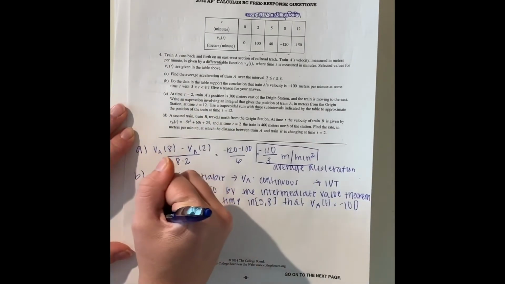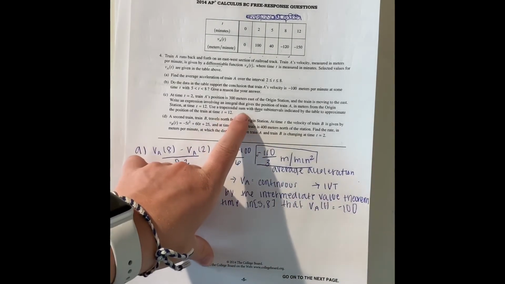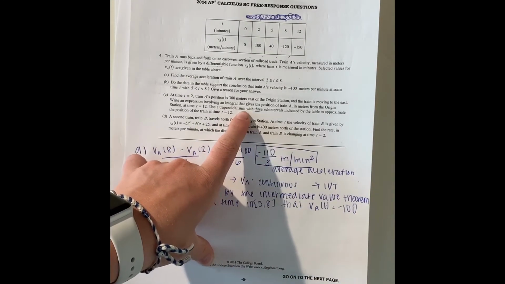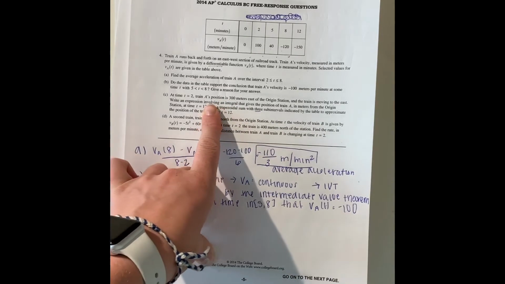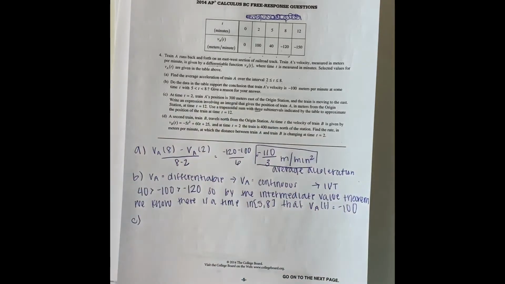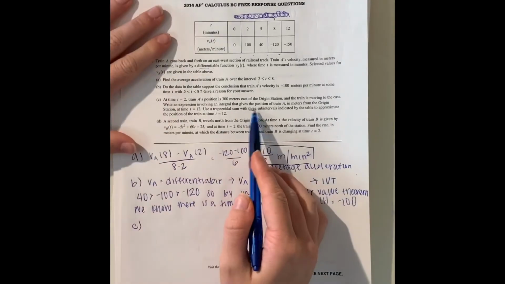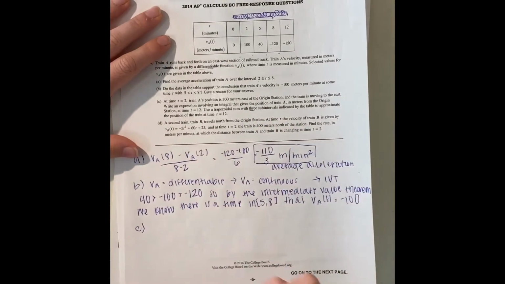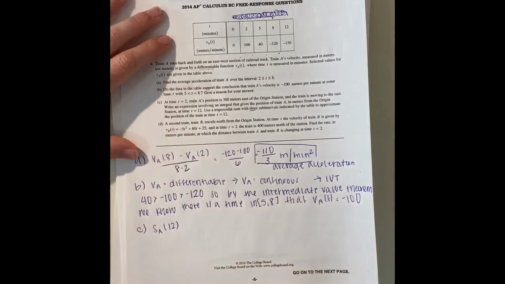For C, it asks us to use a trapezoidal sum for the second part, but the first part asks us to write an expression involving an integral that gives the position of the train at time t equals 12.